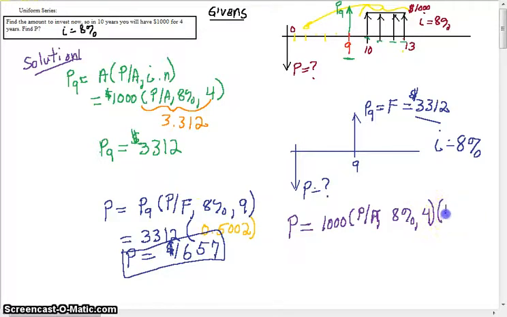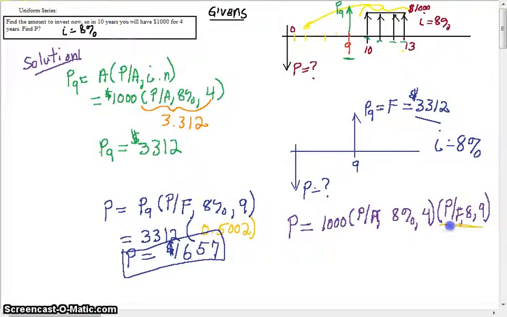times P given an F, 8% for 9 years. If we look at this real quickly, you notice they're multiplied.